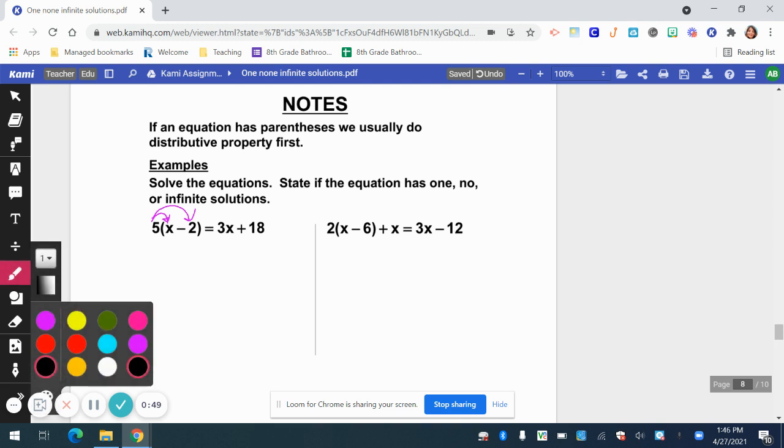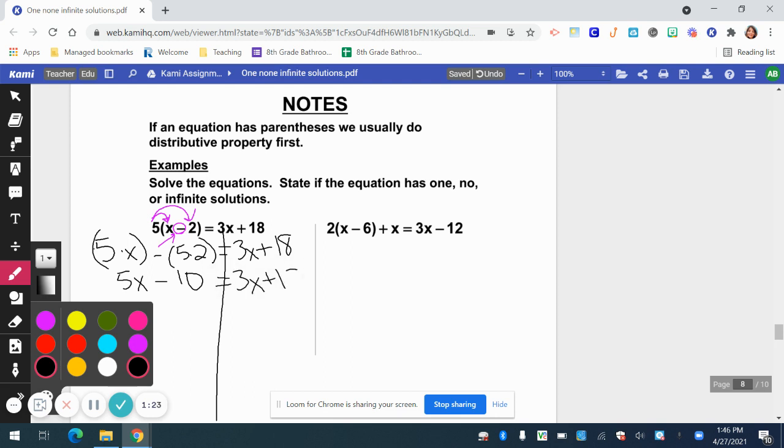So in this case, it would become 5 times x, and then minus, because there's a negative sign, minus 5 times 2 equals 3x plus 18. I'm going to draw my line, and this becomes 5x minus 10 equals 3x plus 18.